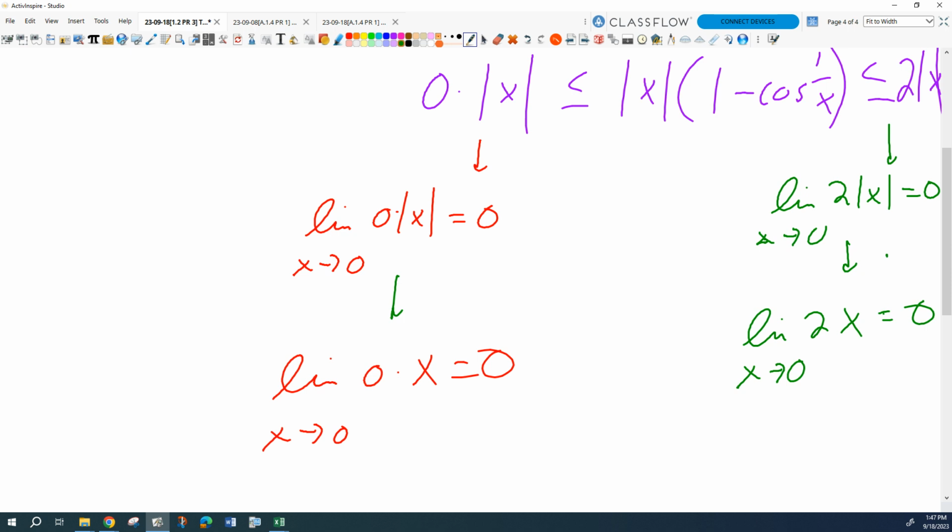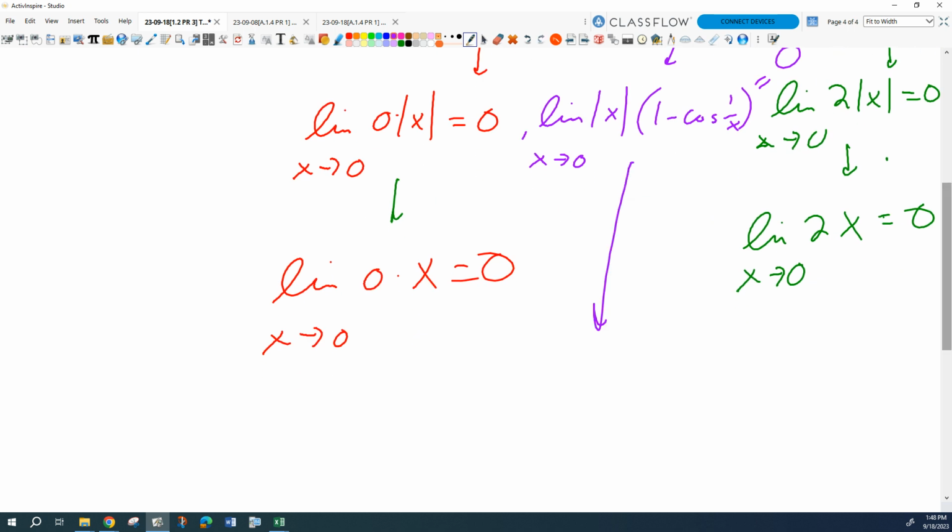And if, as we just showed by the squeeze theorem, the limit of the absolute value of x times 1 minus cosine of 1 over x as x approaches 0 is 0, then you guys tell me what's the limit of plain old x without the absolute values, x times 1 minus cosine of 1 over x as x approaches 0?